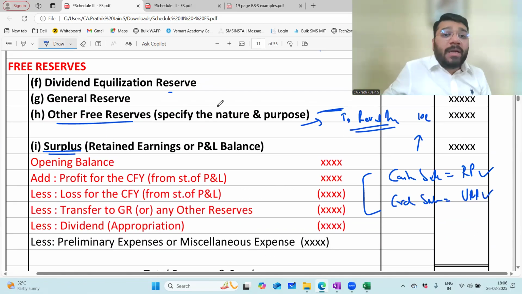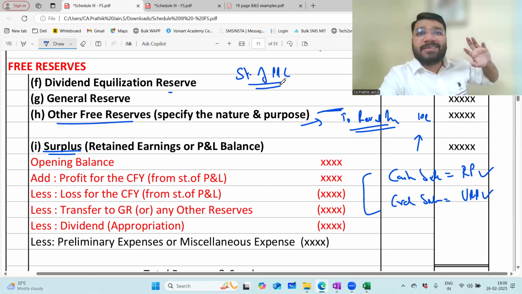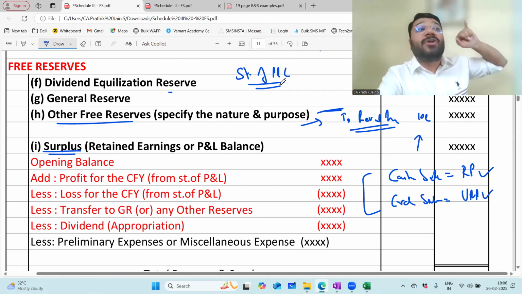Now, surplus means what? Whatever statement of P&L you're preparing, in the statement of P&L you have something called profit after tax. From the profit after tax, what do you do normally? We have studied in the 12th standard cash flow statement, we do appropriations: transfer to reserves, and you pay interim dividend, preference dividend, equity dividend.